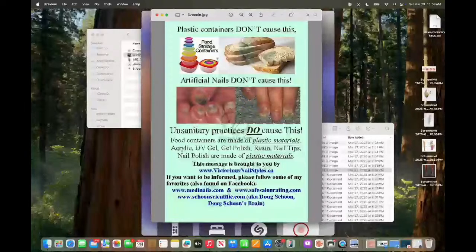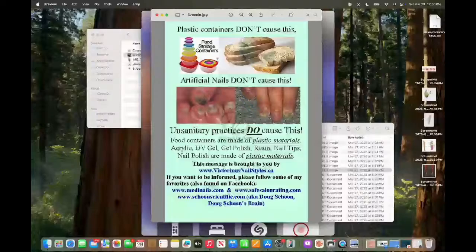Unsanitary practices and also moisture. Because think about what nails are. Acrylates, y'all? They're plastic. You put something in a plastic container and leave it there, what happens usually? It's going to mold, right? You've got all that moisture in there.